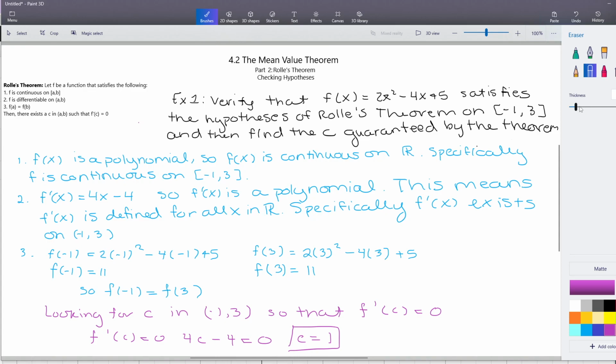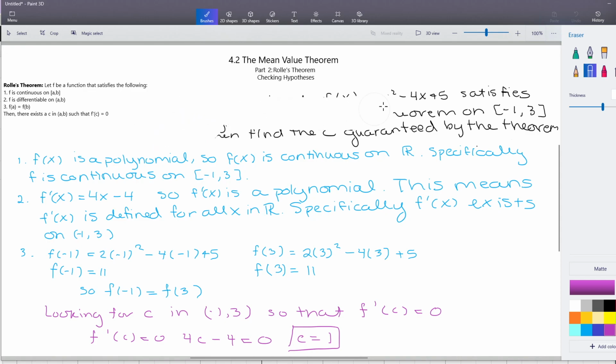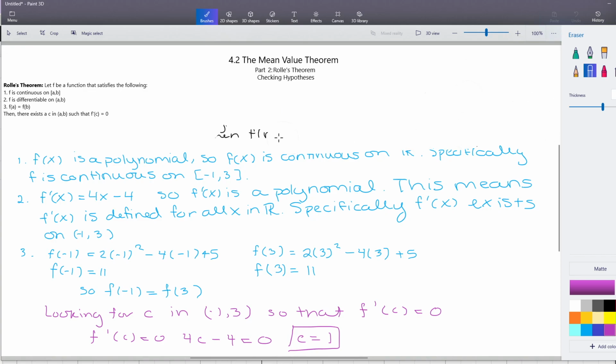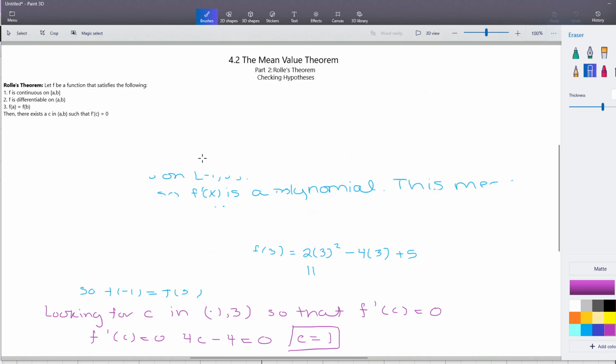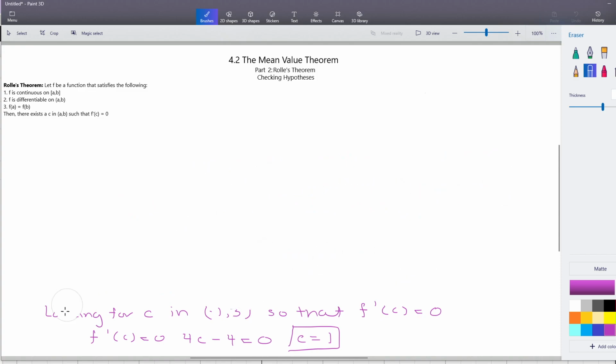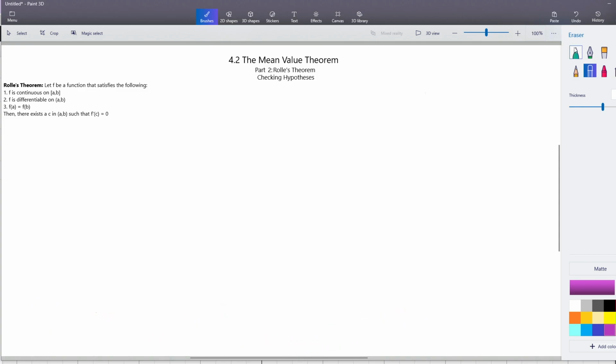Why can't we just conclude things without checking these 3 things so carefully? Okay, so let's look at our second example.